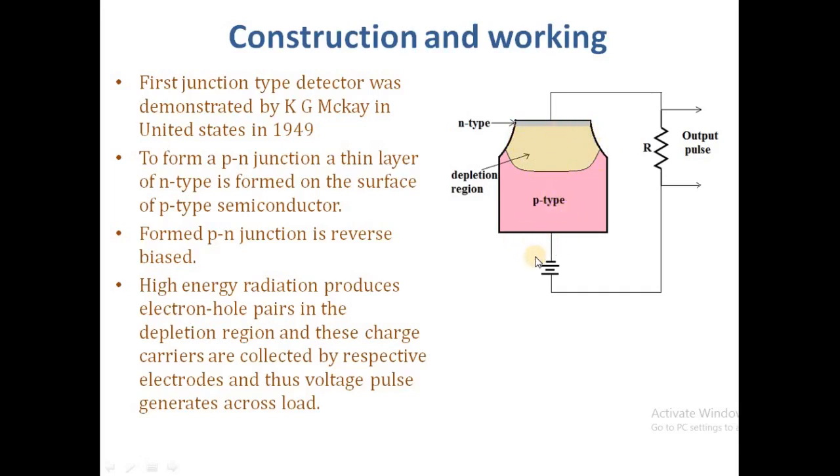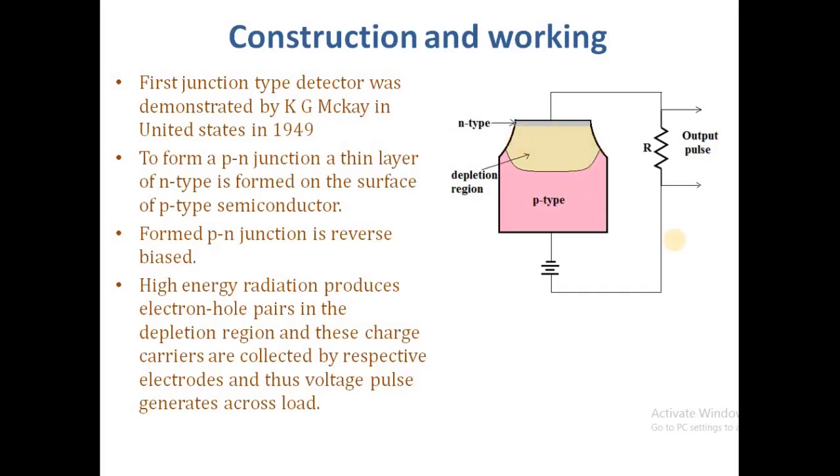Here the P region is connected to the negative terminal of the battery and the N region is connected to the positive terminal of the battery. This arrangement is called reverse biasing, and because of this the thickness of the depletion layer increases.